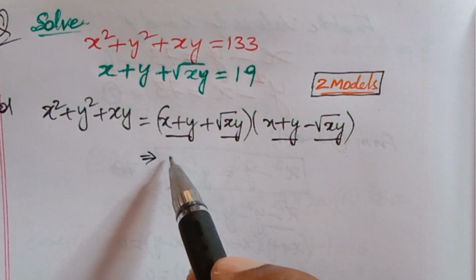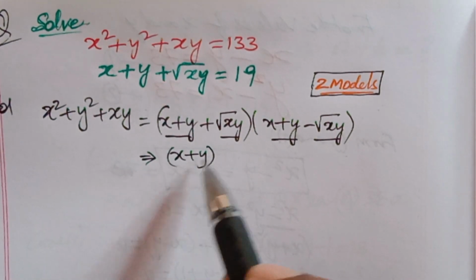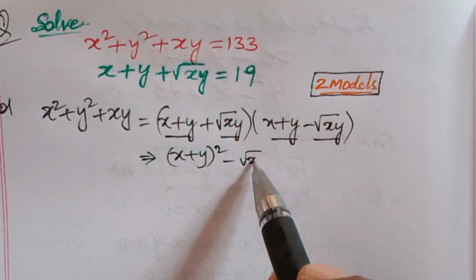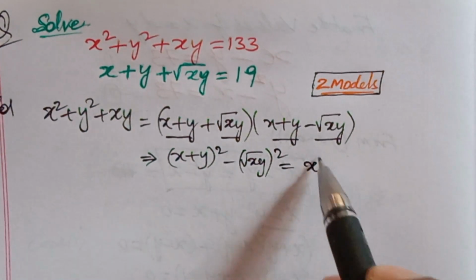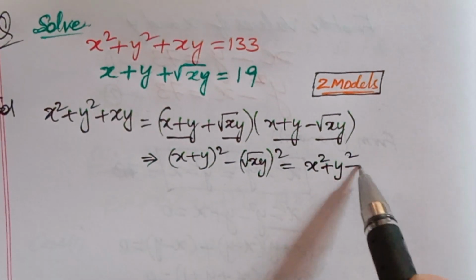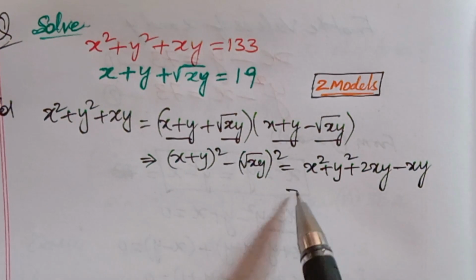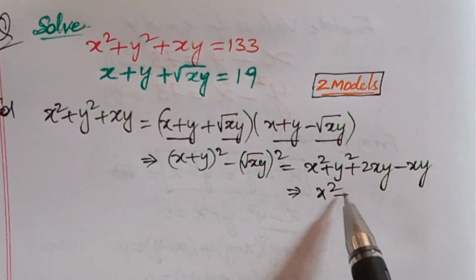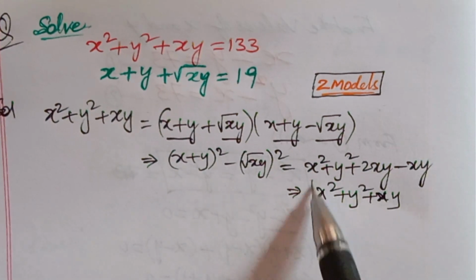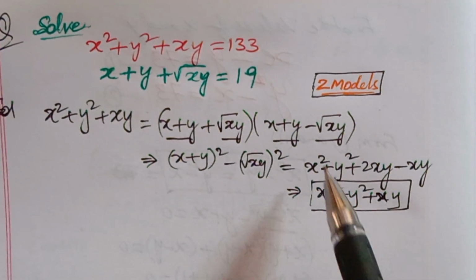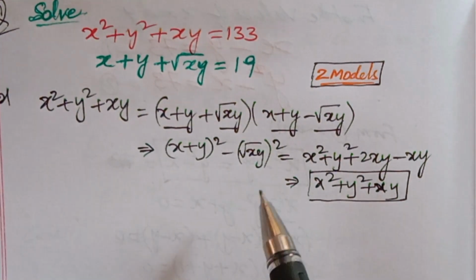So x plus y whole square minus root xy whole square can be written as x square plus y square plus 2xy minus xy. You will get x square plus y square plus xy. So you are getting the same value, taking these two as factors, and you are going to solve this.